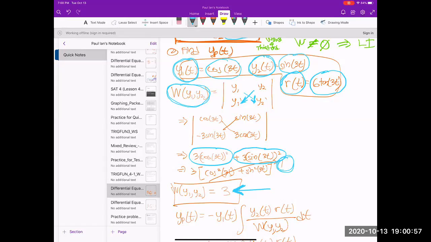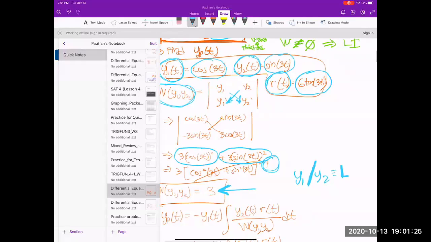What does that mean? Since it's non-zero, we have, it's just a review question because it could come up. What does that tell you about y1 and y2? They are linearly independent.